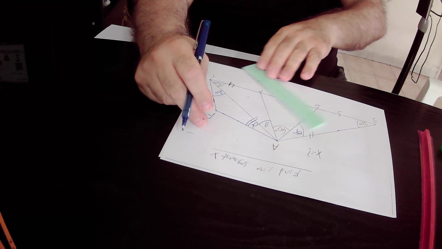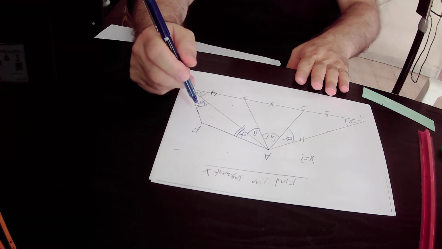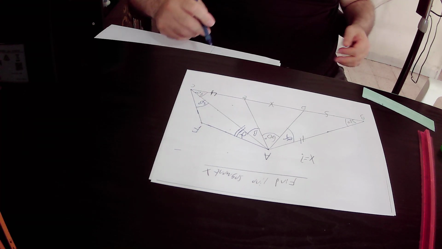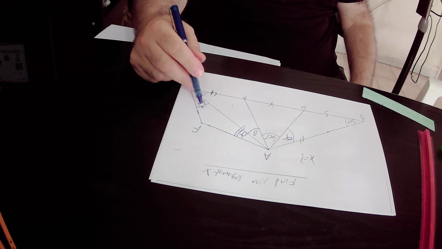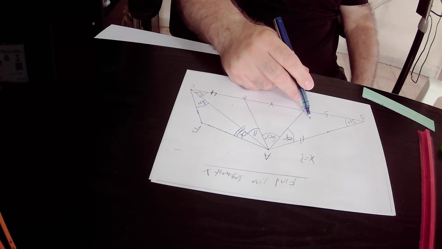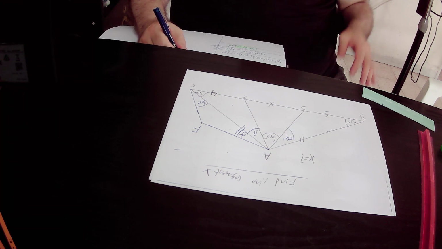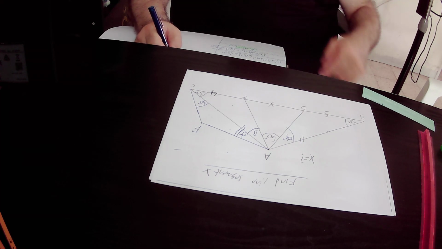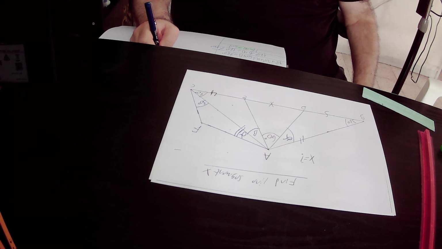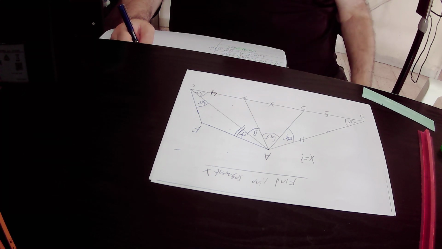So here we created a triangle ACF. In the next step we will prove that the new triangle that we created, triangle ACF, is congruent to triangle ABD. So we'll actually prove that triangle ABD is congruent to triangle AFC.